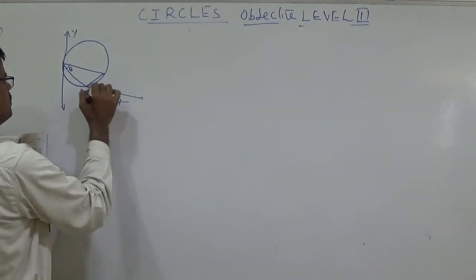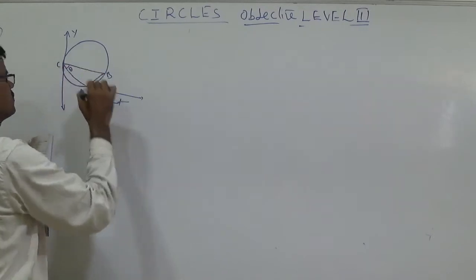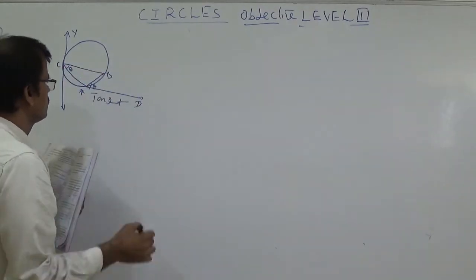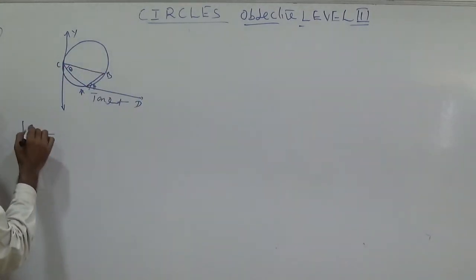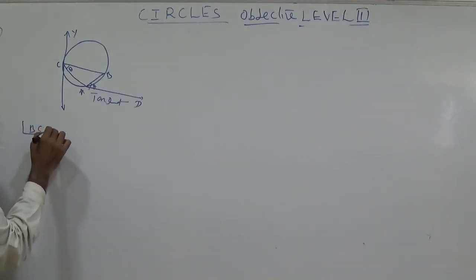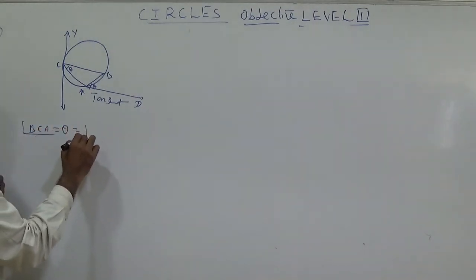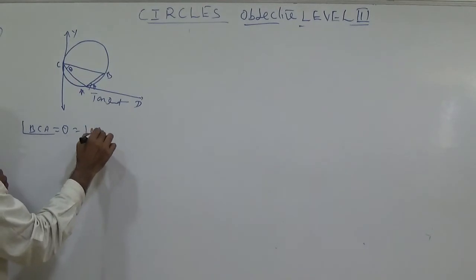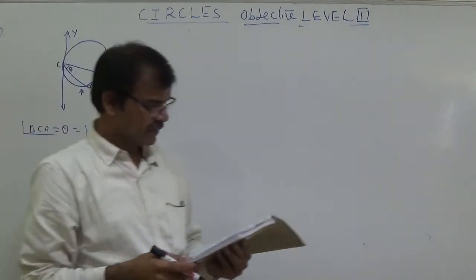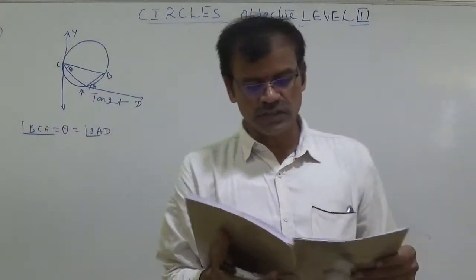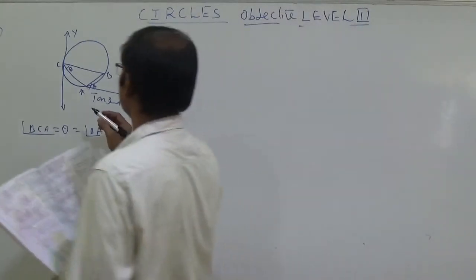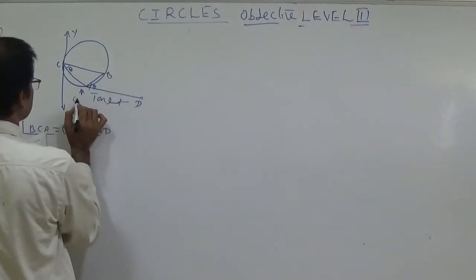Put here AB, this is C, this is D. Angle BCA is equal to theta, equal to angle BAD, tangent D. A chord of the circle passing through here, put here 0, 0.